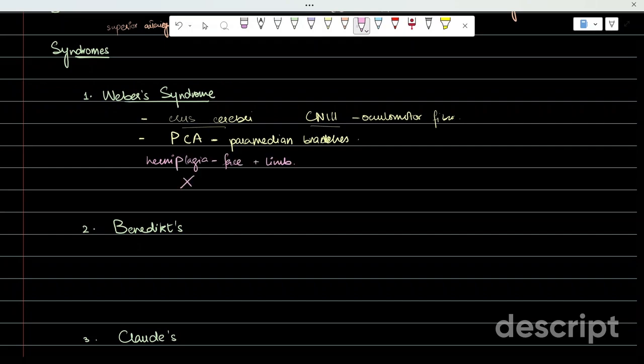Since this will be contralateral face and limb hemiplegia along with ptosis and down and out eye gaze. The gaze will be down and towards outside, and there will be a dilated pupil. This is clearly due to a loss of cranial nerve 3 fibers. So both of these symptoms together is the Weber syndrome due to PCA.